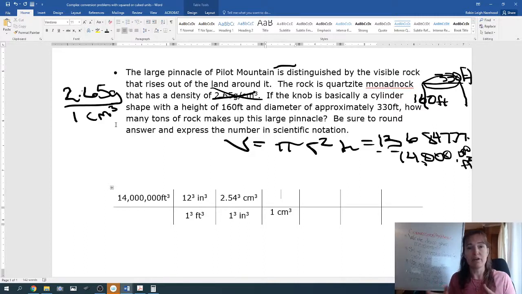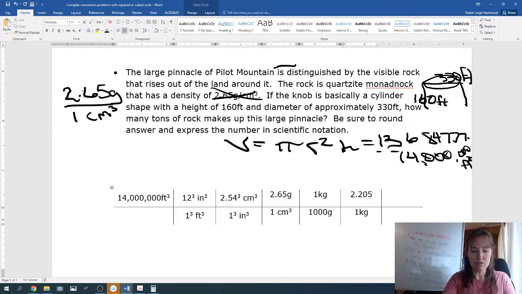So the volume of 1 centimeter cubed is the same thing as 2.65 grams of rock. I want to get into tons, and tons in terms of pounds. So grams, again, you kind of get used to doing the same kind of conversions over and over again. Go from grams to kilograms. There's 1,000 grams in a kilogram. And then you can go from kilograms into pounds.